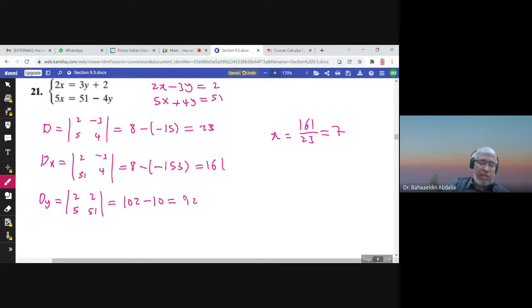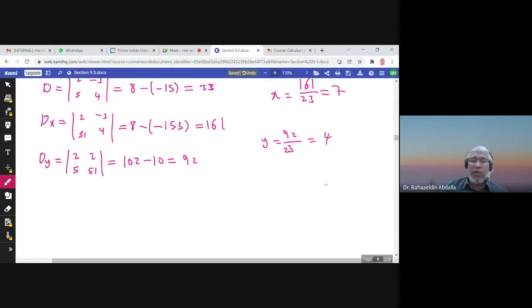The answer is 92. So y would be 92 over d, which is 23, and the answer is 4. So the solution set consists of the ordered pair 7 and 4.